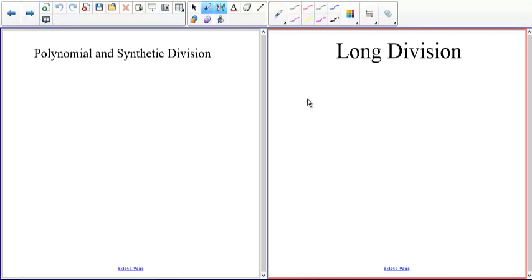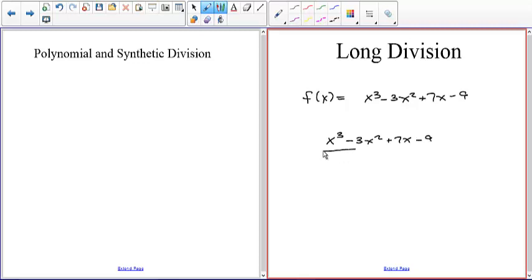take some kind of polynomial. Let's say it's third order. And we want to divide that by some factor of some sort and see what the result is.